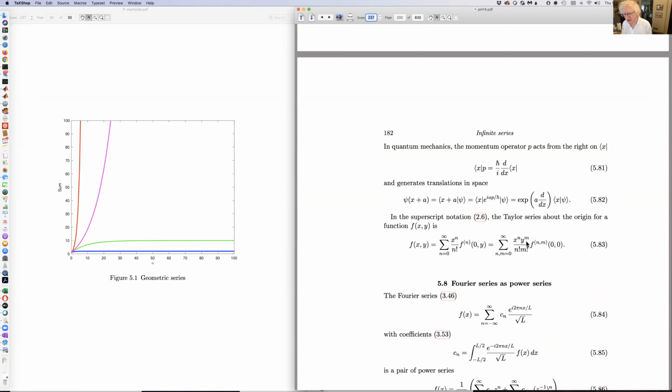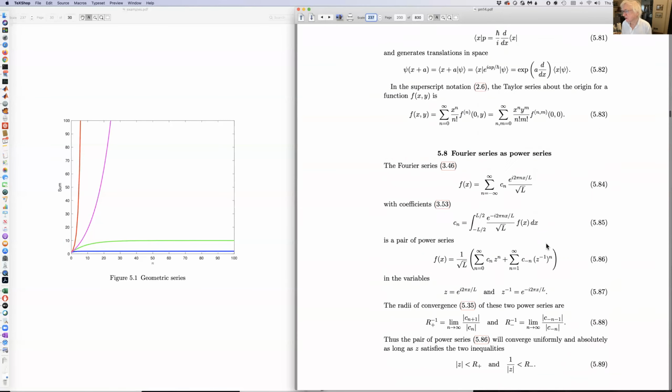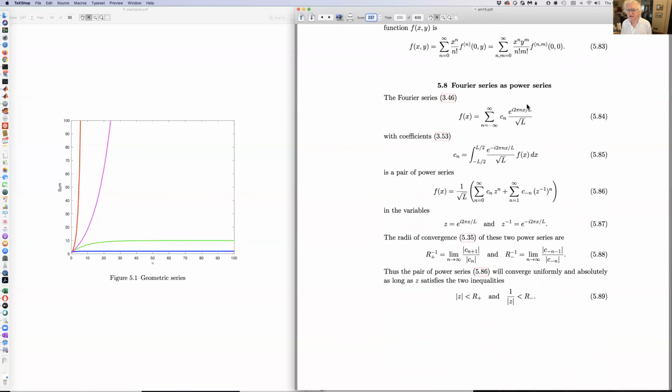You have x to the n, y to the m over n factorial, the nth derivative evaluated at the origin. And this is the nth derivative of f with respect to x and the mth derivative with respect to y, all evaluated at the origin. You can think of Fourier series as power series.